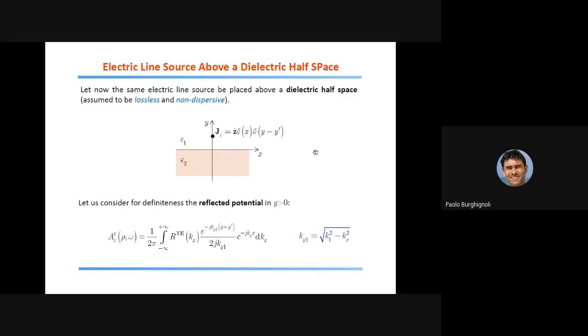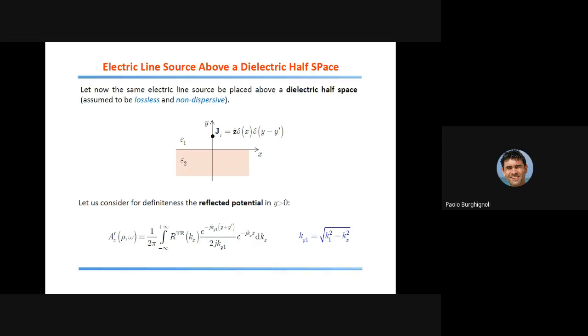So again, the Sommerfeld problem now with a line source instead of a point source. Let us assume that this line source radiates in the presence of a half-space filled with an ideal dielectric medium, so it's lossless and non-dispersive. Those are important assumptions that make the Cagniard-de Hoop method applicable.